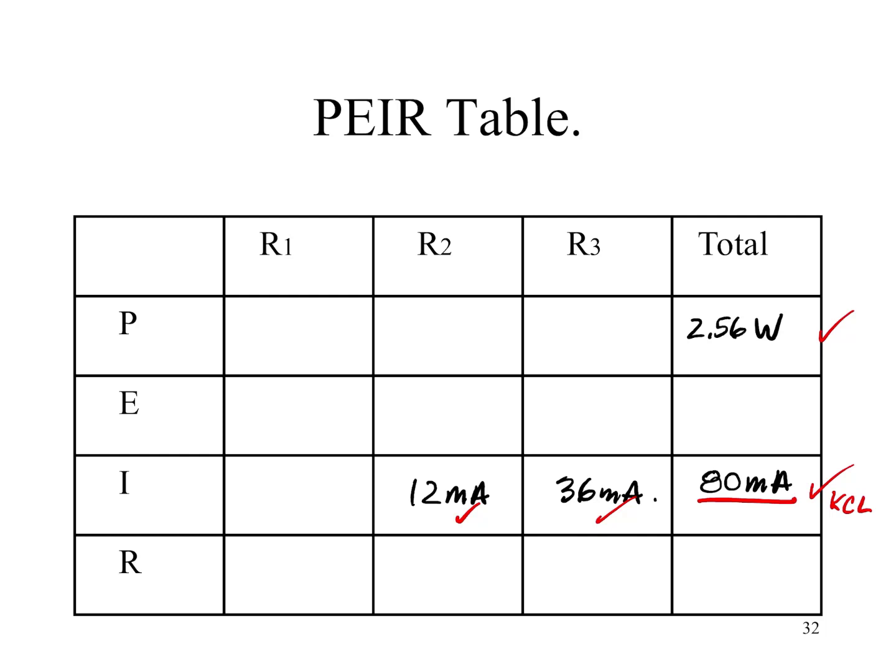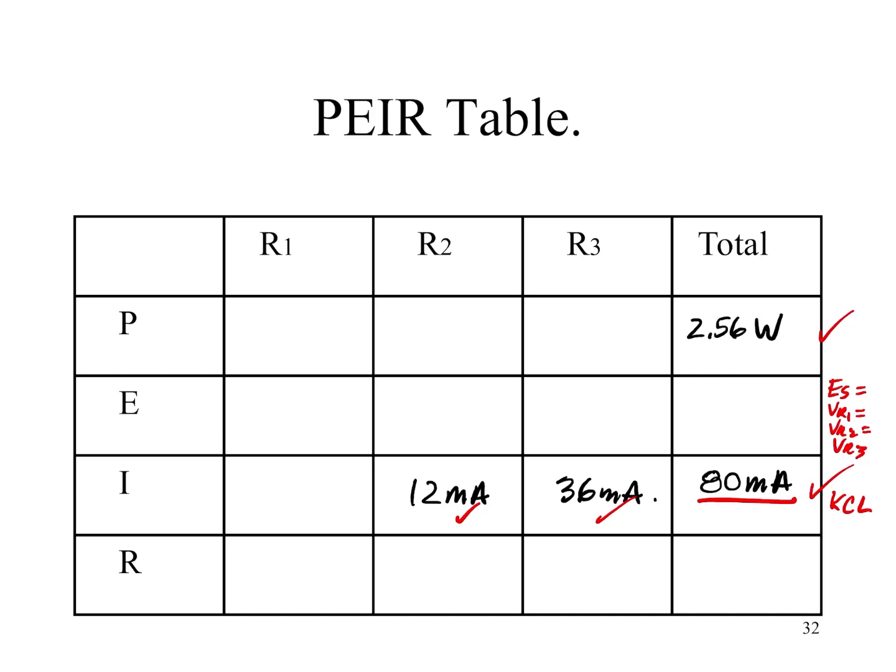Up here, we know that E source equals VR1 equals VR2 equals VR3. So that means once we have a single value of voltage, we can fill it in all the way across the table.